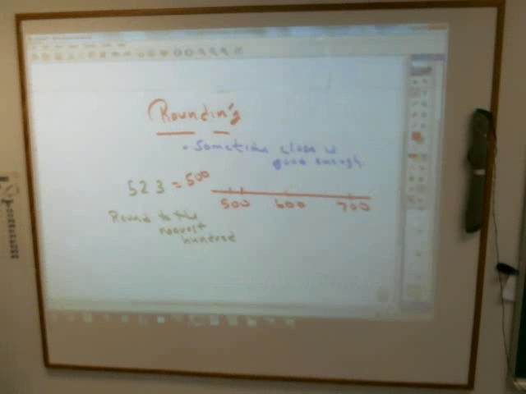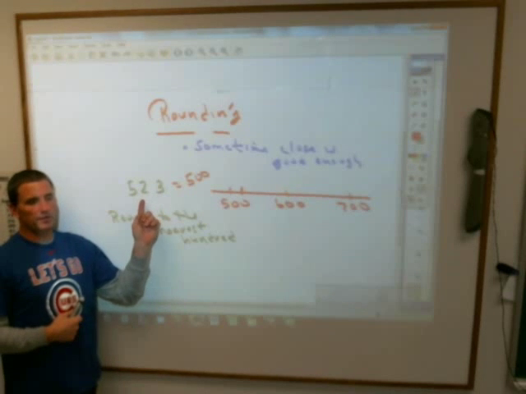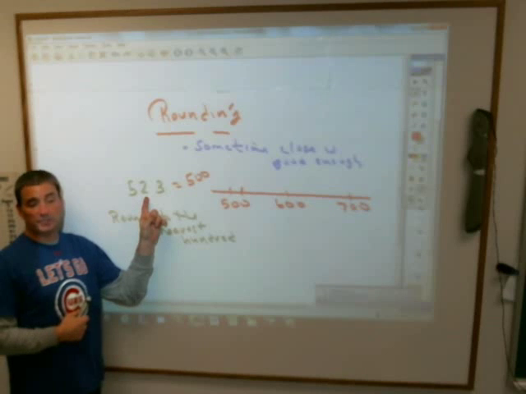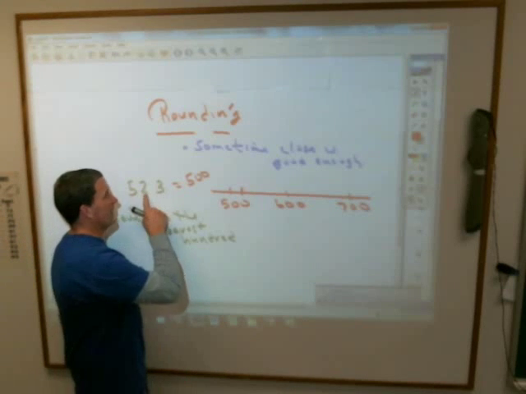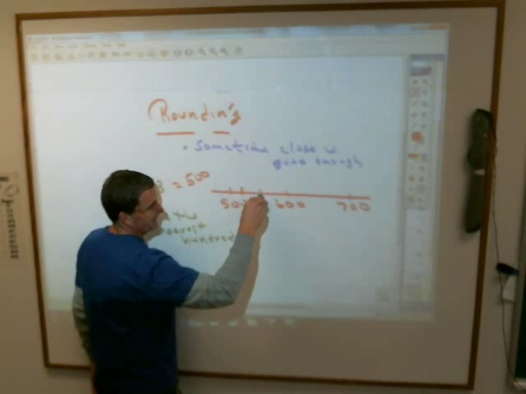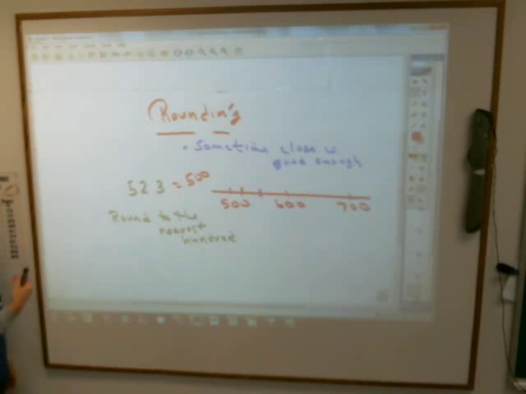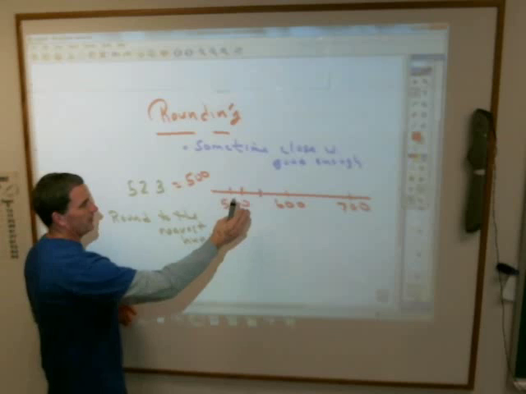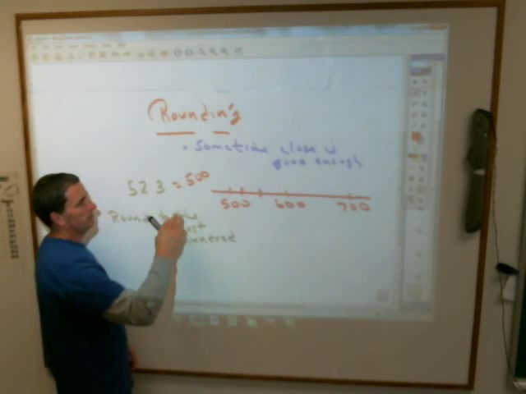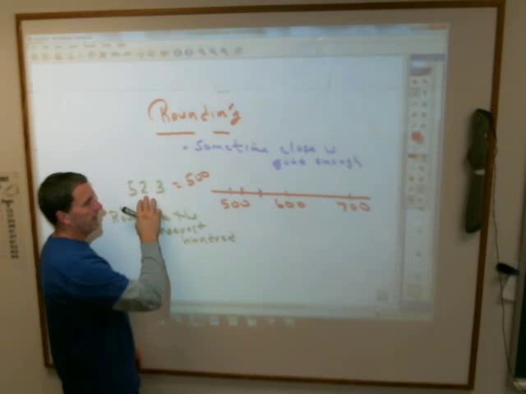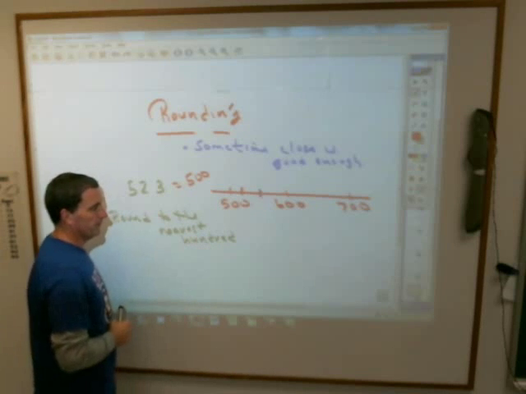What digit is the most important? It's the next digit over, because if that number is 5, if this was 550, then it would be exactly in the middle. And we've always said if it's exactly in the middle, you round up, so we round up to 600. But it's less than 5, so we know for sure it's closer to 500.